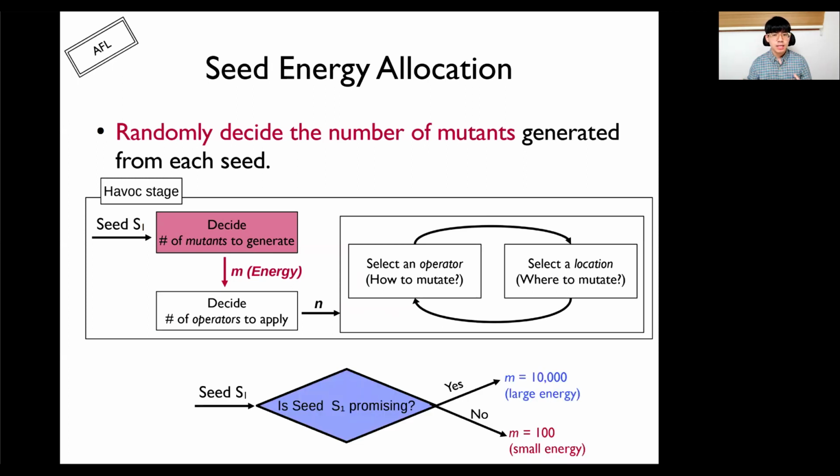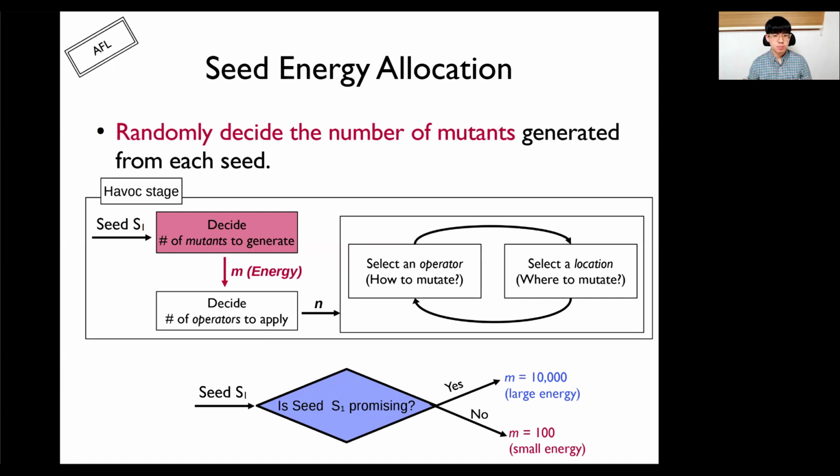Anyway, we should give the opportunity to generate more mutants to a promising seed, and we should generate fewer mutants for unpromising seeds. So if S1 is a promising seed, we should assign more energy to the seed to generate more mutants, like 10,000 mutants.